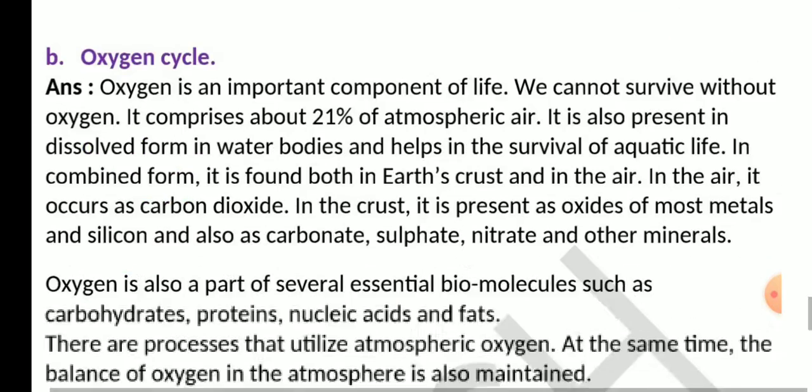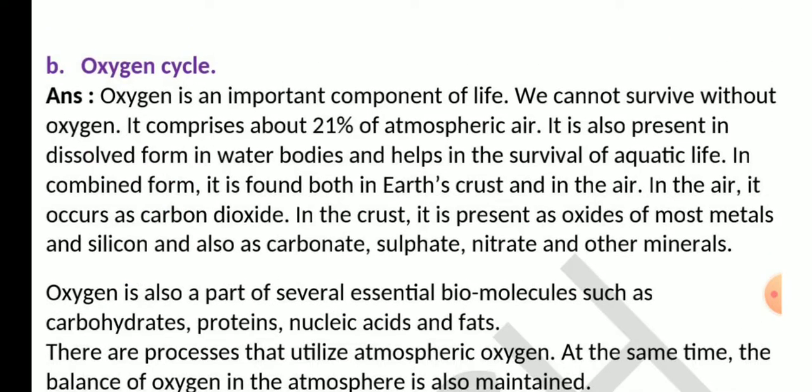Next cycle we will be studying is oxygen cycle. Oxygen is an important component of life. We cannot survive without oxygen. It comprises about 21% of atmospheric air. It is also present in dissolved form in water bodies and helps in the survival of aquatic life.